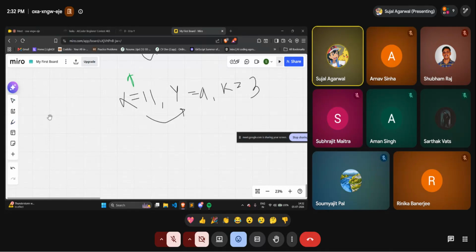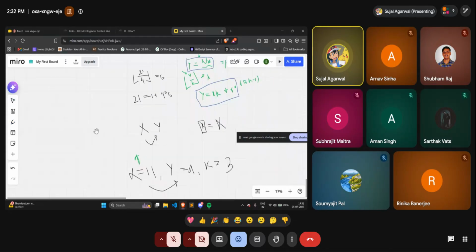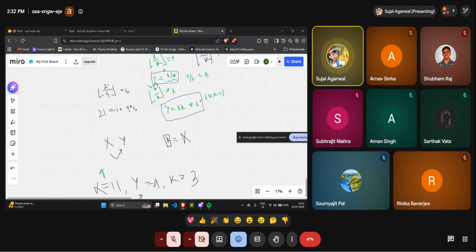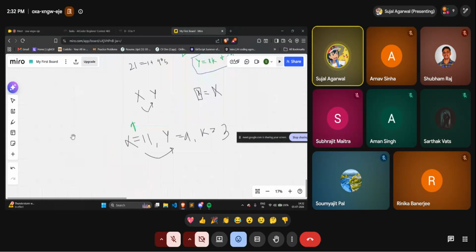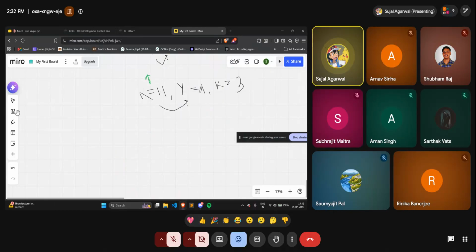Like the operations we discussed: the new number can be the older number divided by k, or the new number can be multiplied by k plus something remainder. So we cannot multiply here to make it smaller, so we need to divide. We divided by k, and k is 3 over here. 11 by 3 gives me 3, right? And now the new number is smaller.